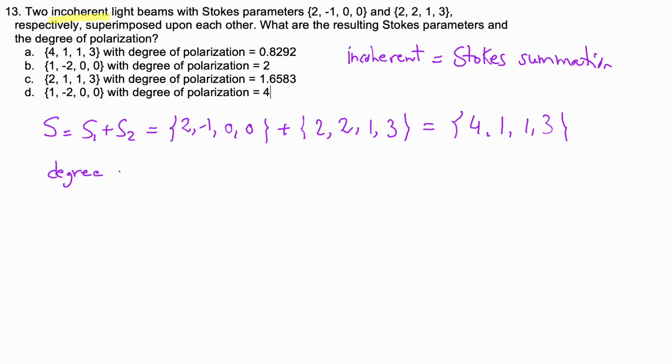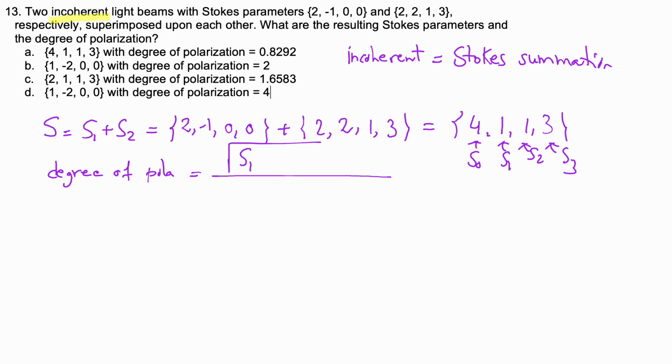Let's do the degree of polarization. So with S0, S1, S2, and S3, we're going to have the square root of S1 squared plus S2 squared plus S3 squared, over S0.